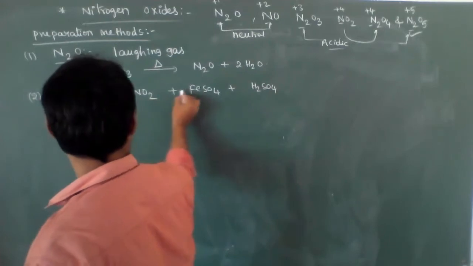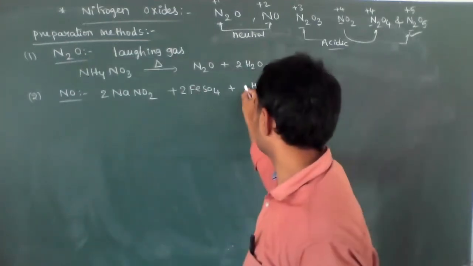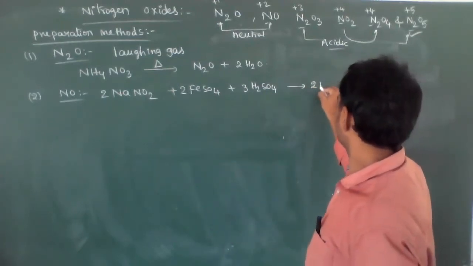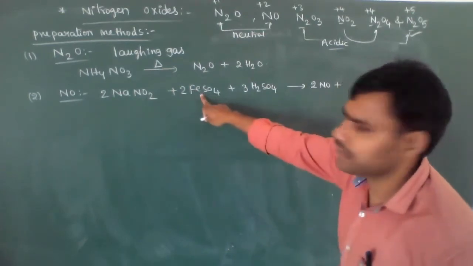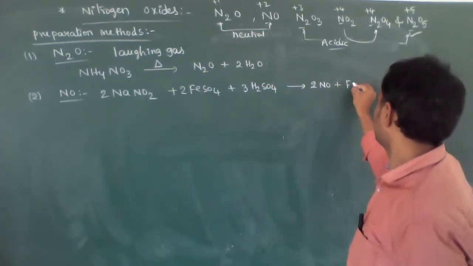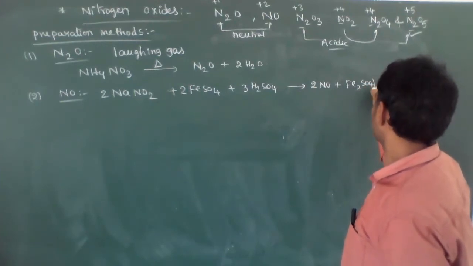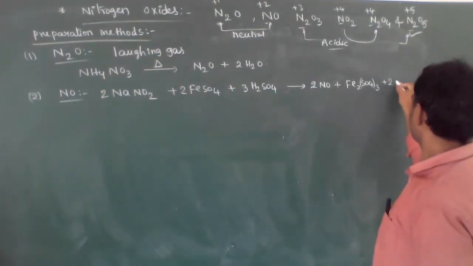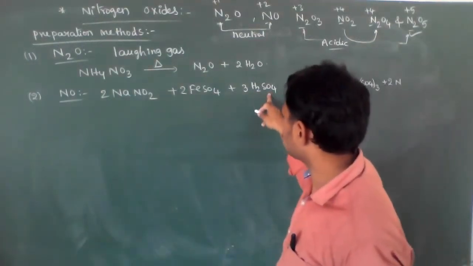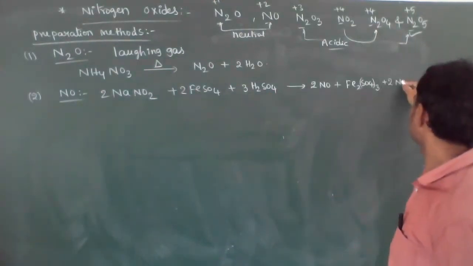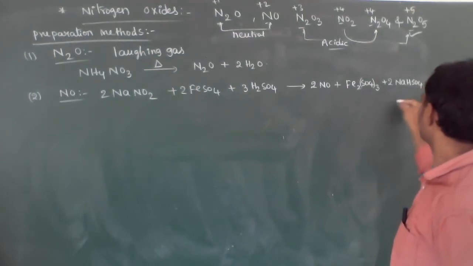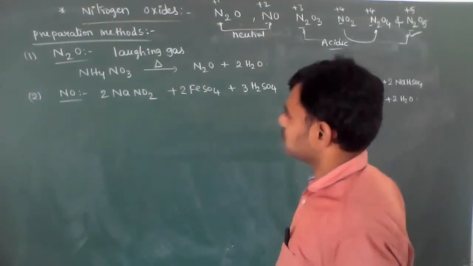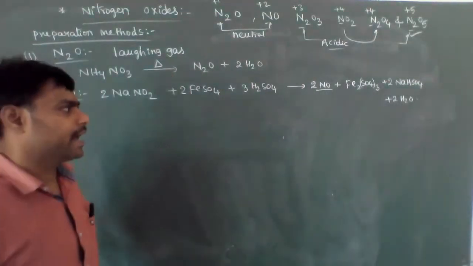Here 2 moles of NaNO2 and 2 moles of ferrous sulfate react with 3 moles of sulfuric acid to give 2NO, plus ferrous sulfate is converted to ferric sulfate, Fe2(SO4)3, plus the remaining sodium, hydrogen and sulfate ions combine to give 2 moles of NaHSO4, sodium bisulfate, plus 2 moles of water. So in this reaction we are getting nitric oxide, NO.